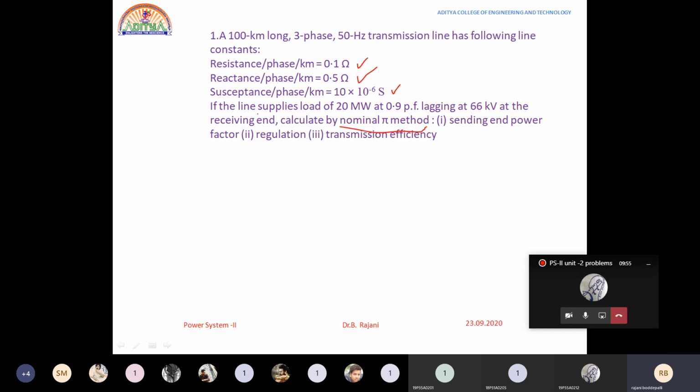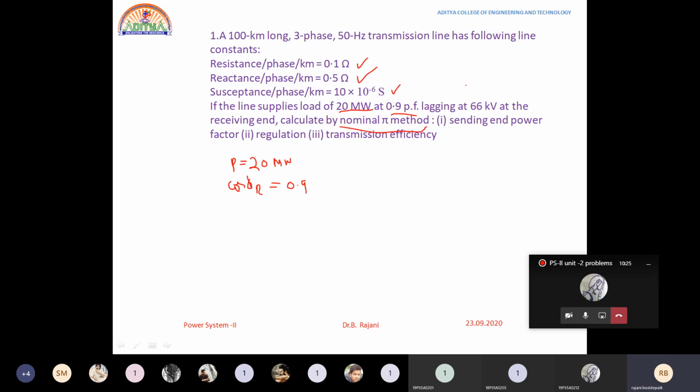The line supplies a load, that is, the power is given as 20 megawatts at 0.9 power factor. The receiving end power factor, cos phi r, is 0.9, lagging.